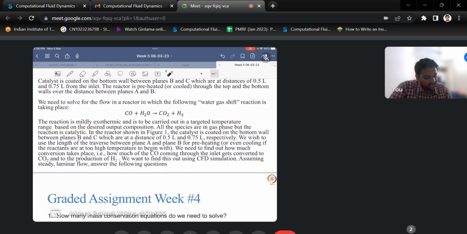So, in the reactor shown in the figure, the catalyst is coated on the bottom wall between planes B and C, which are at a distance of 0.5 and 0.75 L respectively. We wish to use the length of the traverse between planes A and B for preheating or even cooling if the reactants are at too high temperatures.